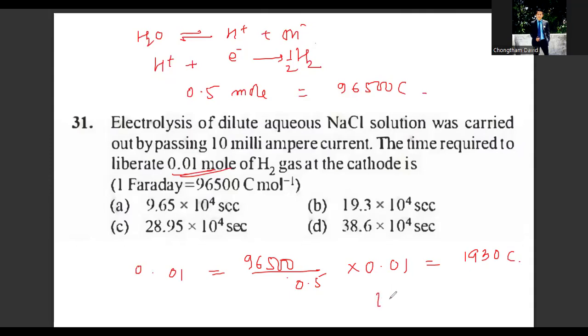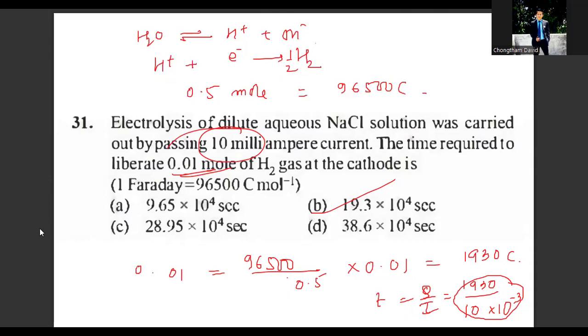What is the relation between time and charge and current? So now you have 1930 coulomb divided by how much milliampere? 10 milliampere. Milli means 10 to the power minus 3. So you do the math here, minus 2. If it comes in the numerator, it would be 19.3, 10 to the power 4. Option number B.